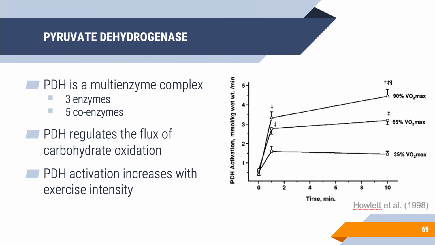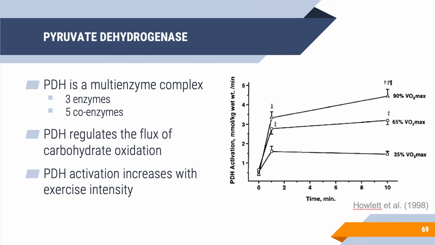PDH is a multi-enzyme complex, so it has 3 enzymes and 5 coenzymes. What PDH essentially does is regulate the flux of carbohydrate oxidation, meaning that it's the bridge between carbohydrate and fat oxidation because it's allowing pyruvate to be turned into acetyl-CoA and enter the TCA cycle.